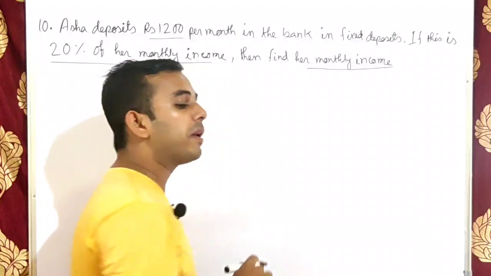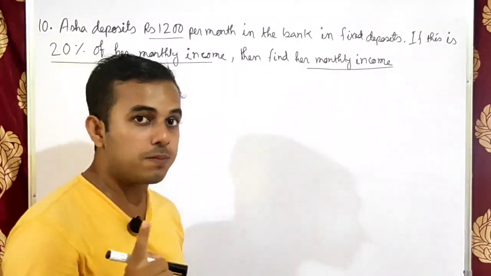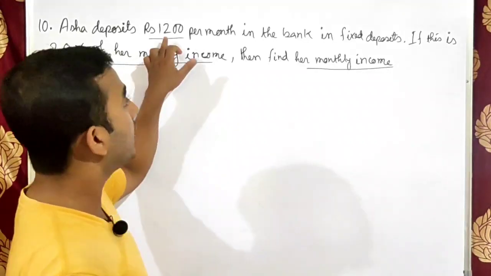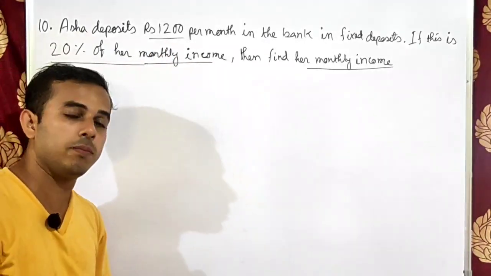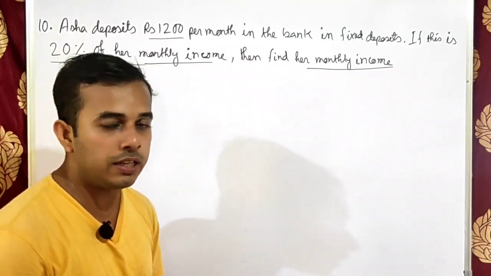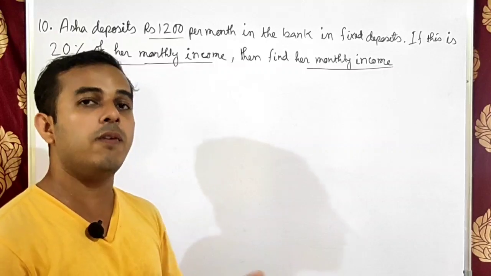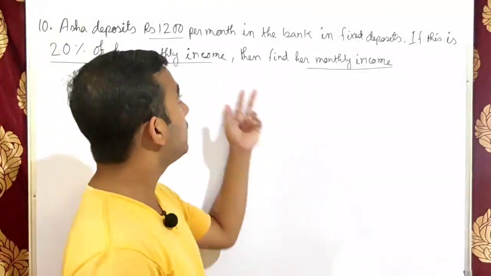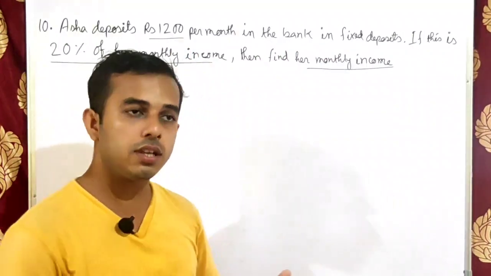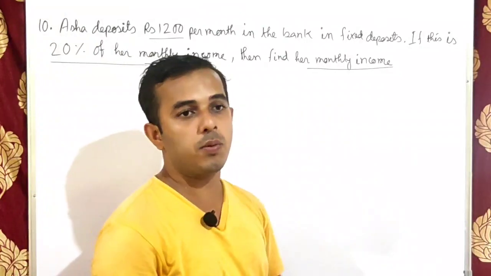Here we have a relation: 20% of Asha's monthly income is 1200. Now we have to find her monthly income. Do we know her monthly income? No. So we'll consider, let the monthly income of Asha be x. Then 20% of x is this amount. The steps are easy, everyone can solve.